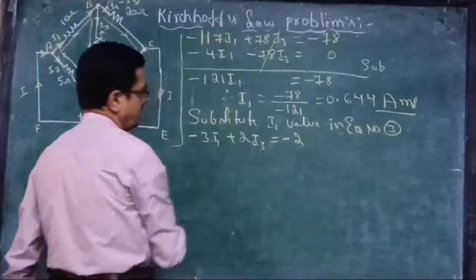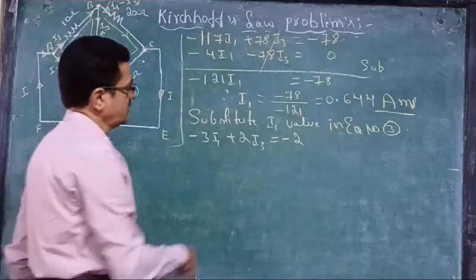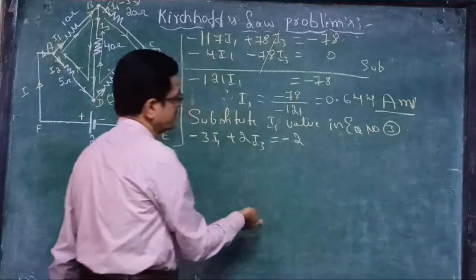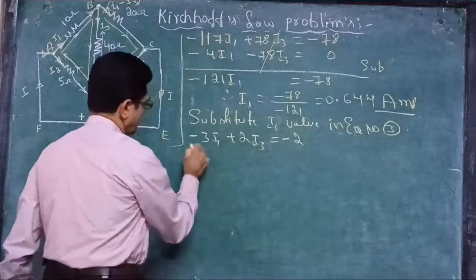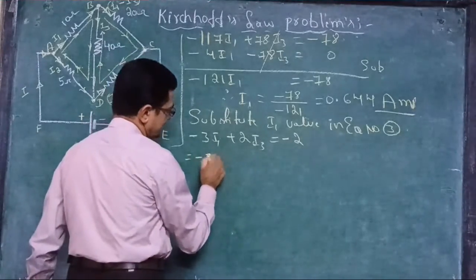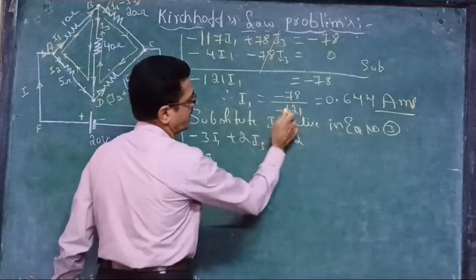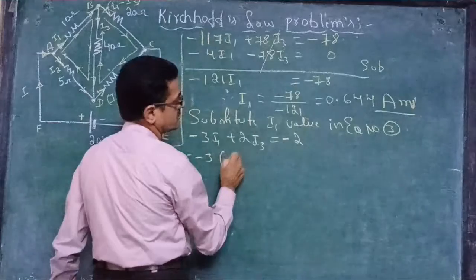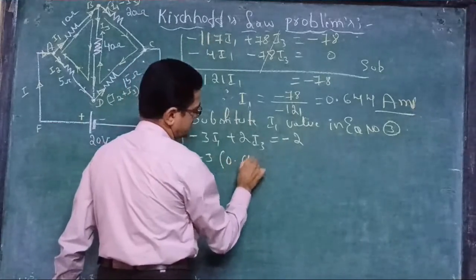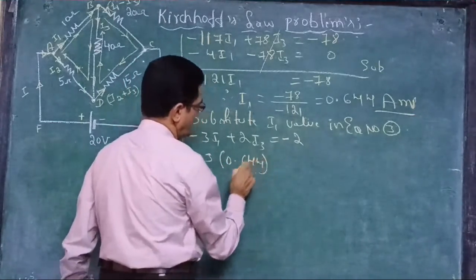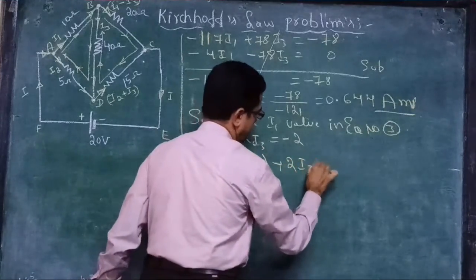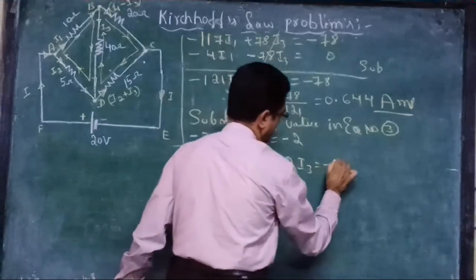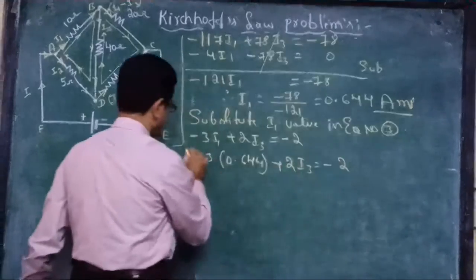So in this equation we should take the I1 value, then we can substitute. Okay, here minus 3, I1 value how much? 0.644. Okay, plus 2 I3 is equal to minus 2.